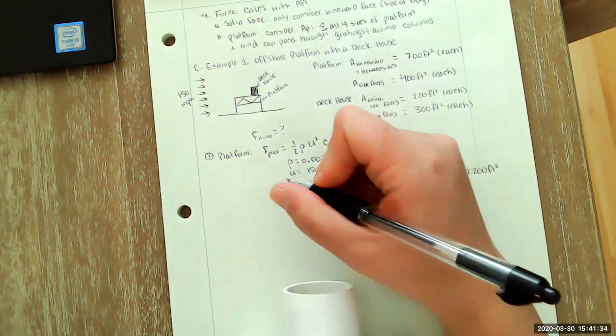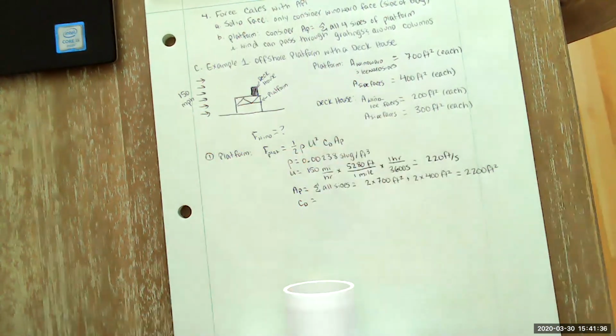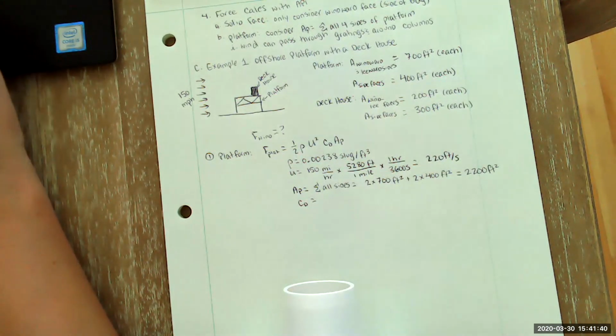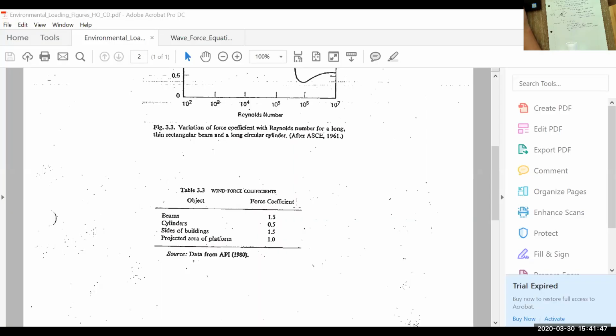The last variable I need here is my drag coefficient, C sub D. If I go back, I'm going to share my screen again and let's look at this drag coefficient table. So again, we can look at table 3.3, and we see that for the projected area of a platform, our drag coefficient recommendation is 1.0.